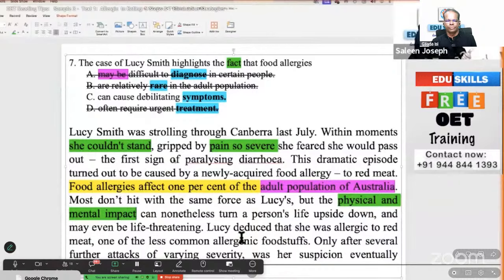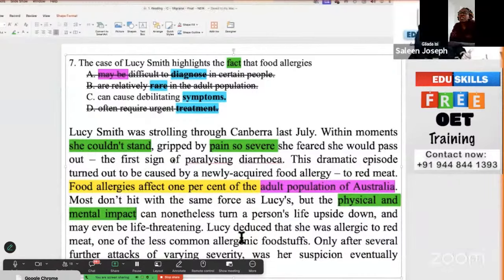Okay, what if in an option they write, now we saw in the test that food allergies affect 1% of the adult population of Australia. Then maybe in the options, let's say in B, food allergies are relatively rare in the adult population in a particular country.